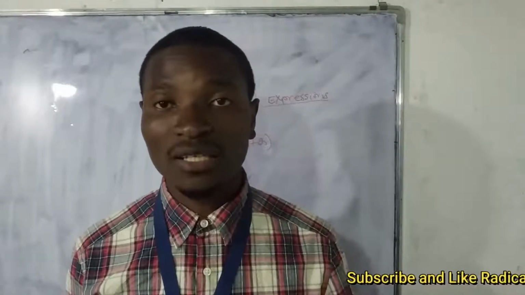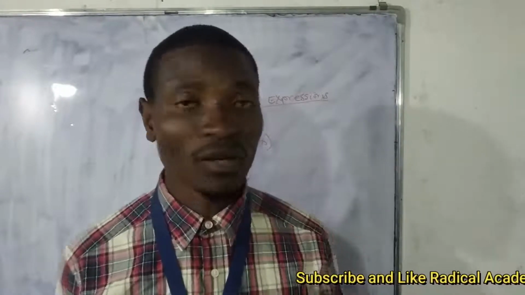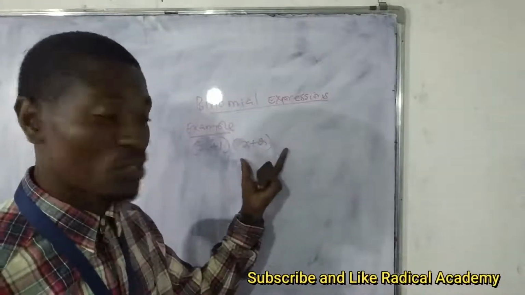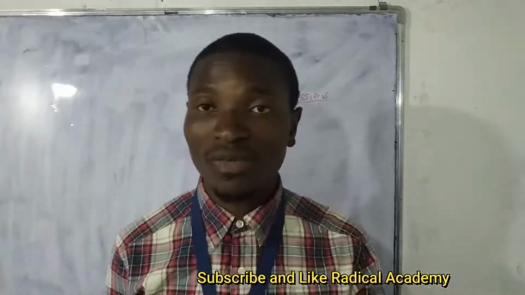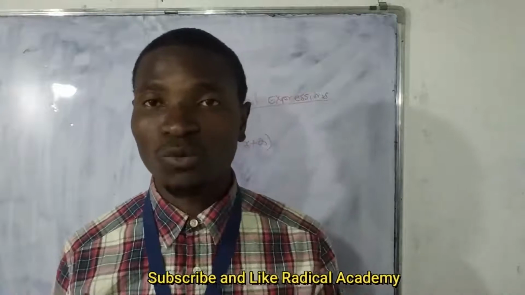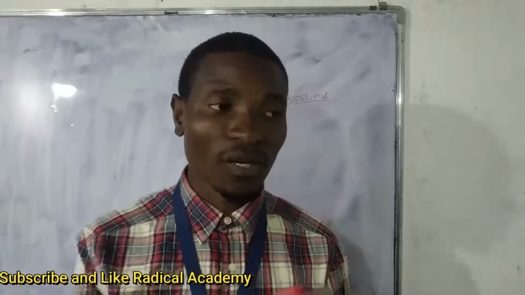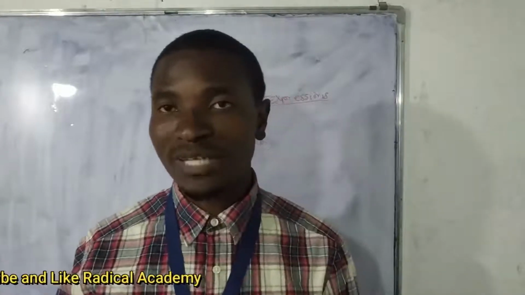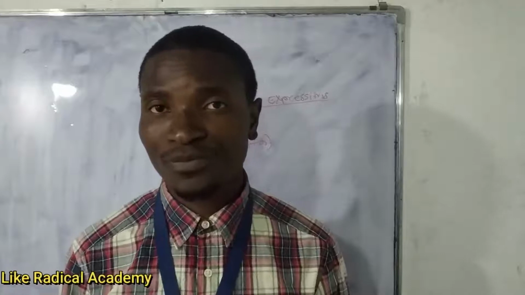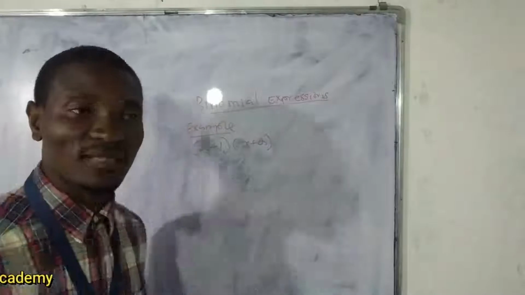That gives us a binomial. When you have two algebraic expressions and you multiply them, you are dealing with what we call a binomial. But if you have more than two, then it is not a binomial, it becomes a polynomial.